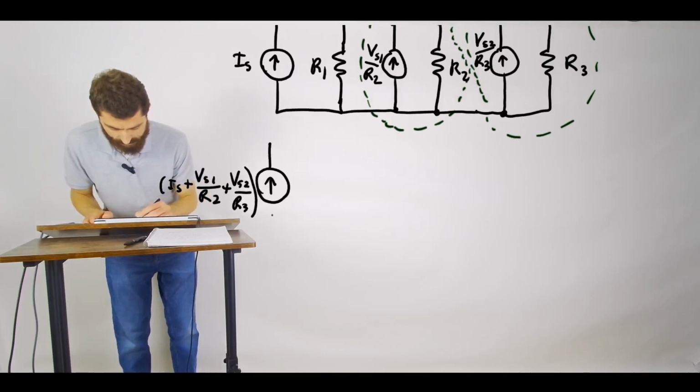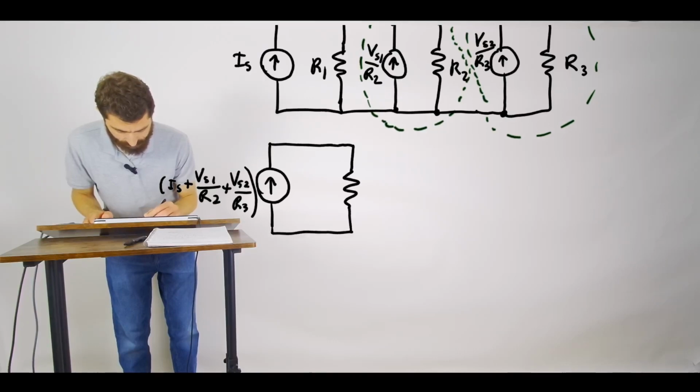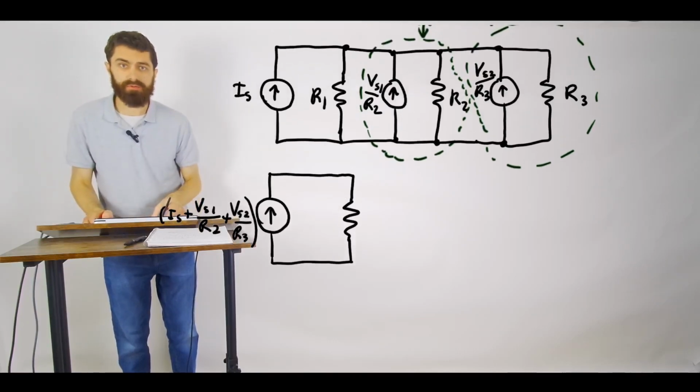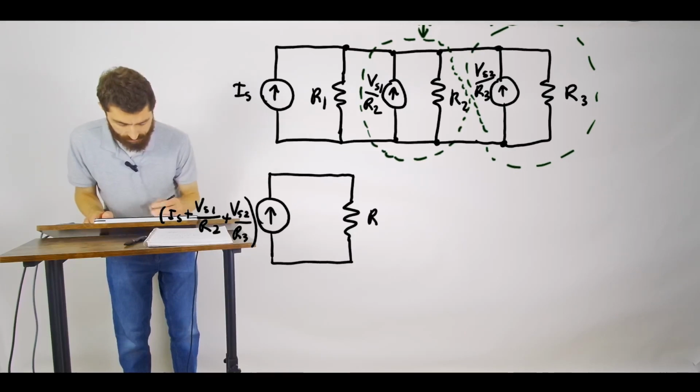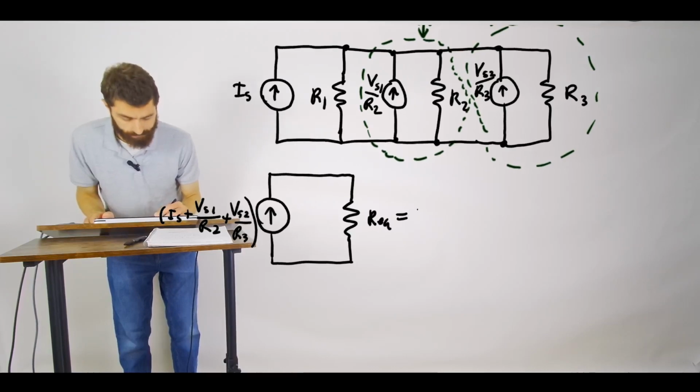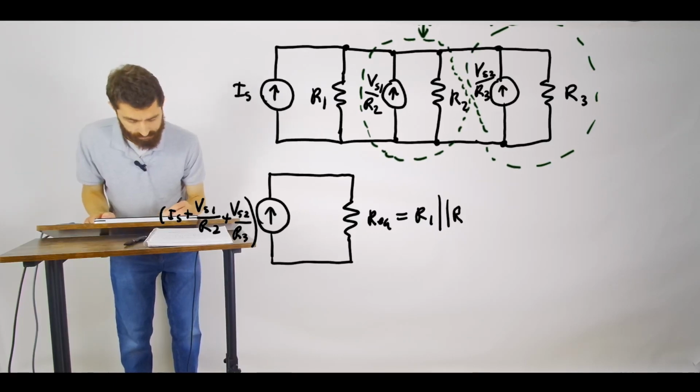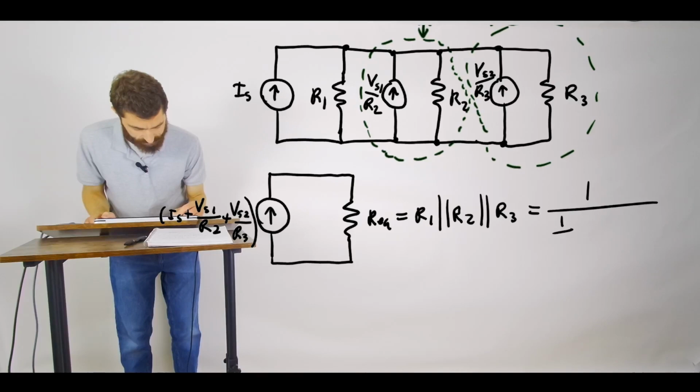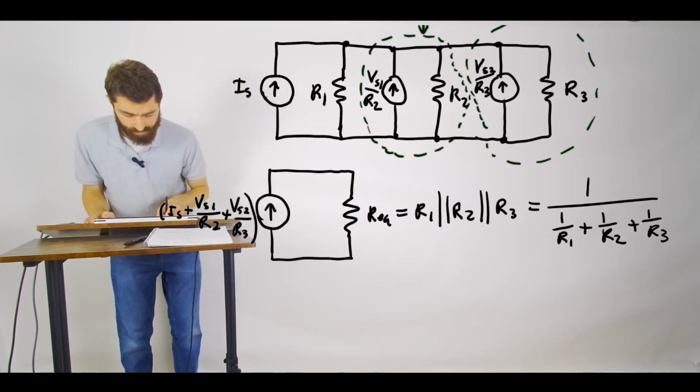And then we can also combine all of these resistors. We have 3 of them. So say this is R equivalent, equal to R1 in parallel with R2, which is in parallel with R3. And of course, that's just equal to this. So you plug all those numbers in.